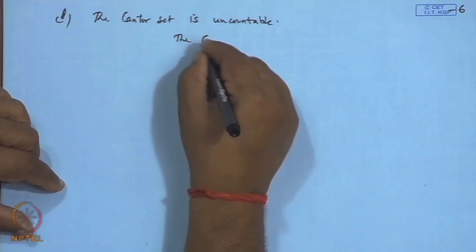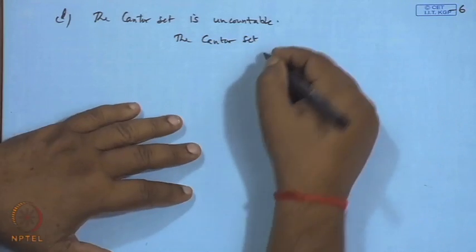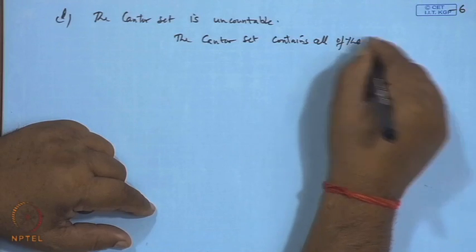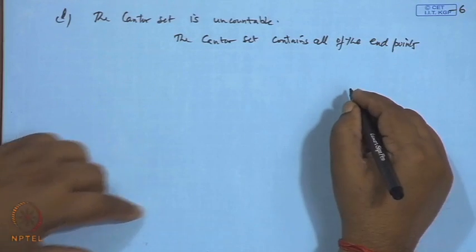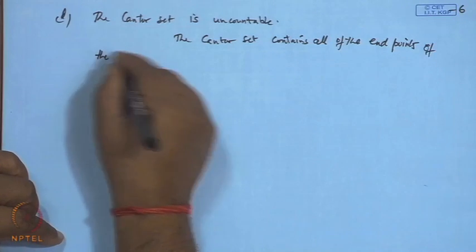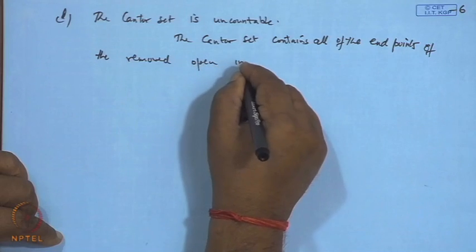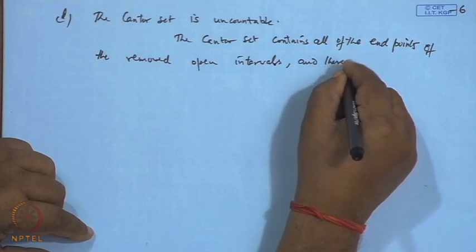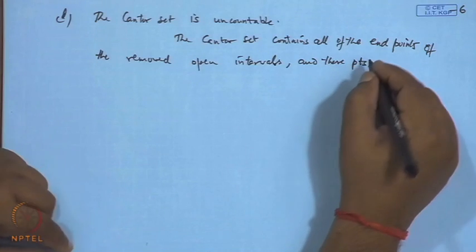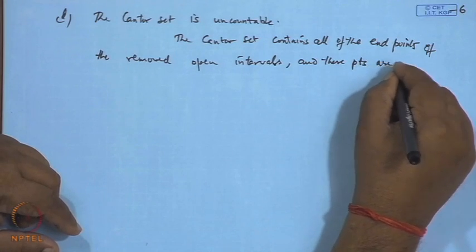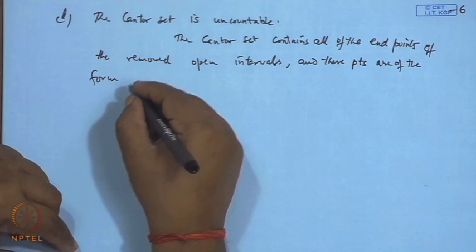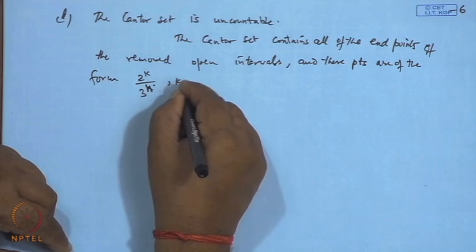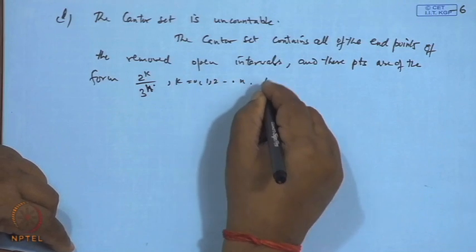As we have seen, the Cantor set contains all of the endpoints of the removed open intervals, and these points are of the form 2 to the power k over 3 to the power n, where k is 0, 1, 2 up to n for each n.